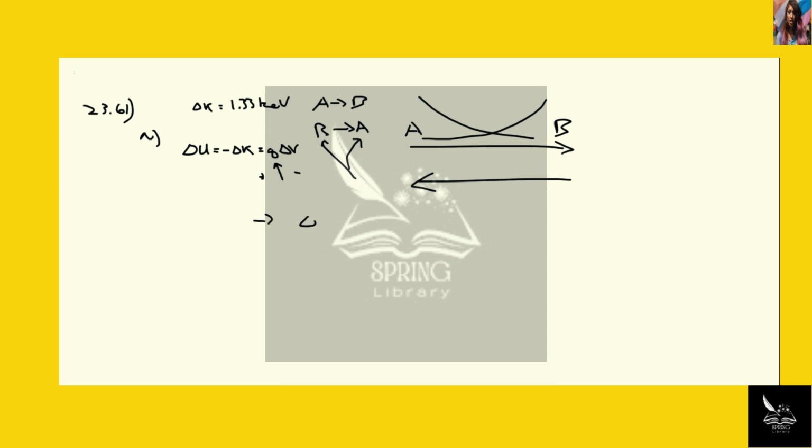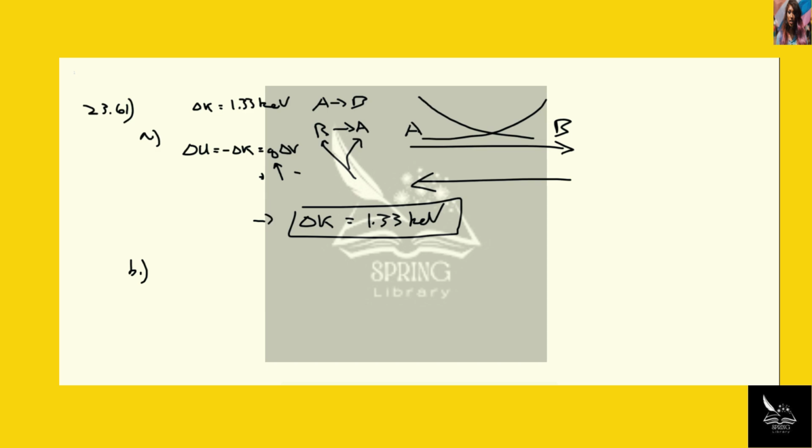So that means we actually have the exact same kinetic energy gained because the change in potential energy is the same. And if the change in potential energy is the same, the kinetic energy change is also going to be the same. So still 1.33 kiloelectron volts.